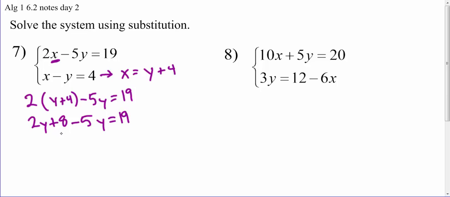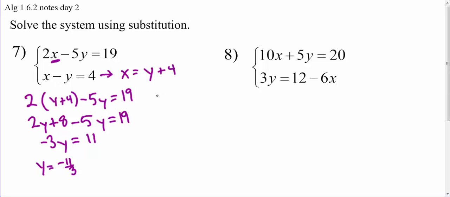I'll subtract 8 from each side, so negative 3y, that's 2y minus 5y. 19 minus 8 would give me 11. So y then is negative 11 thirds. Now that is obviously not the prettiest answer we could come up with, but it works. And what I would do from there is plug it in.